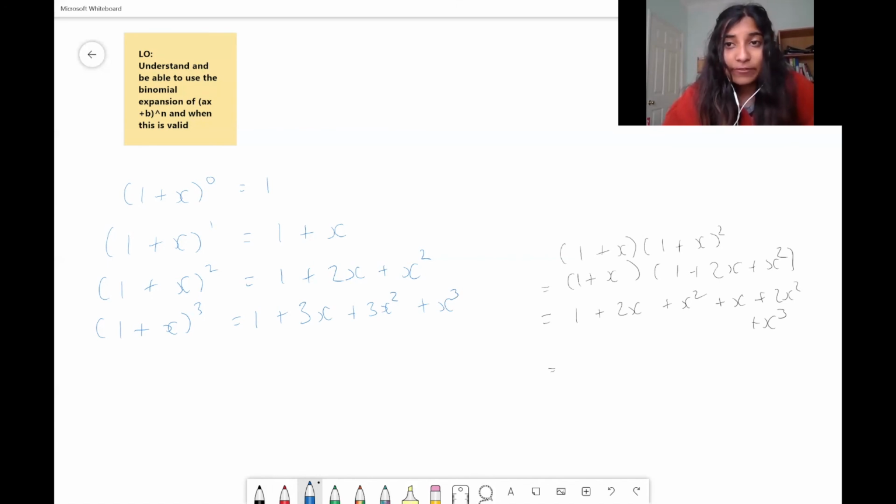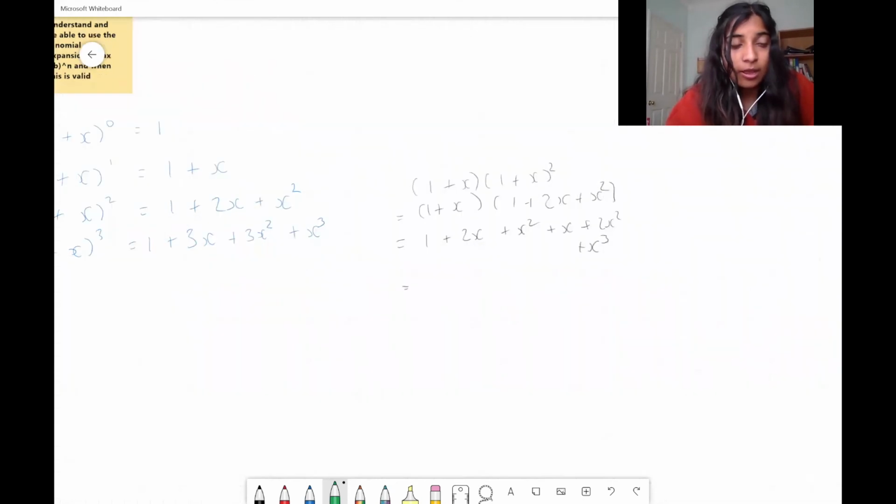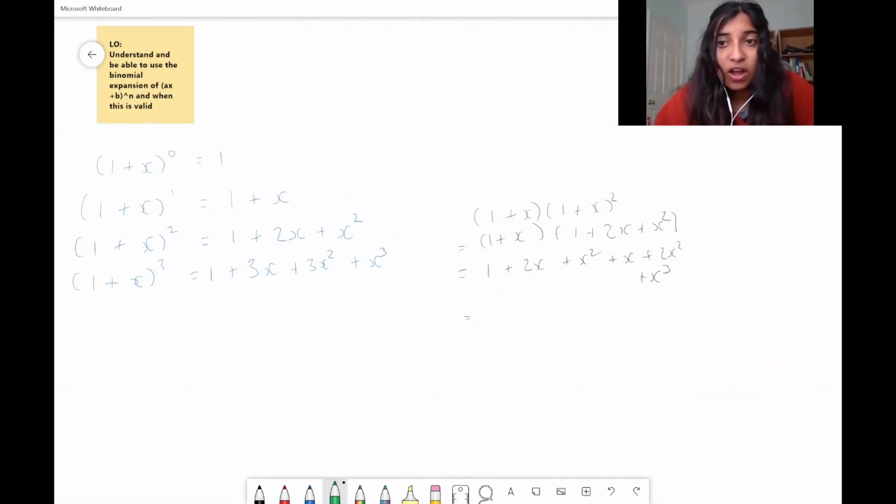Now, what's really clever about binomial expansion is that if you continue doing this expansion for higher and higher powers, the pattern you'd have for the coefficients in front of x and x squared and x cubed, and as you go on, is in the form of what is also known as Pascal's triangle.